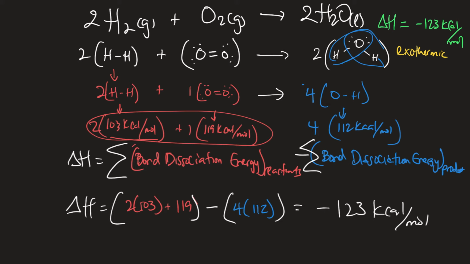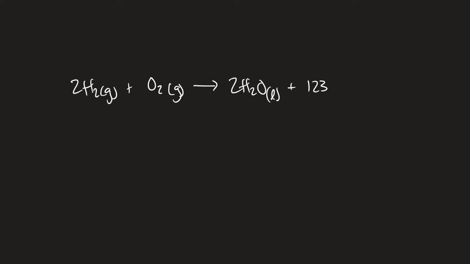If you were to rewrite this equation, where we have 2H2 gas plus O2 gas yields 2H2O liquid, since it's exothermic, you could essentially write plus 123 kilocal.